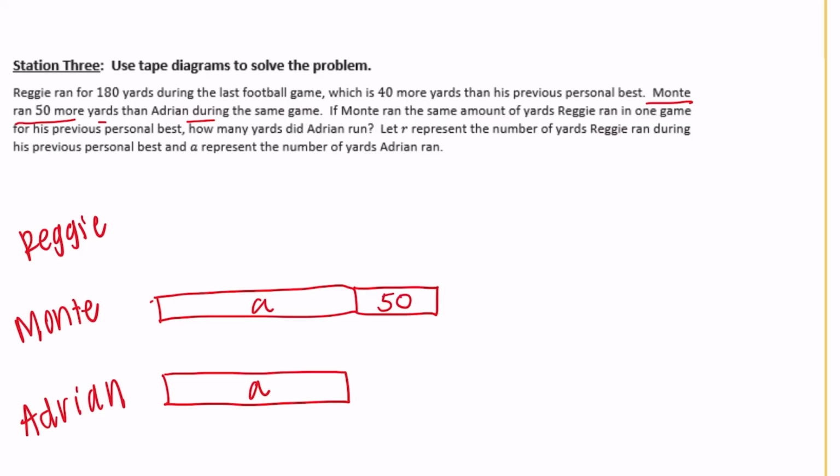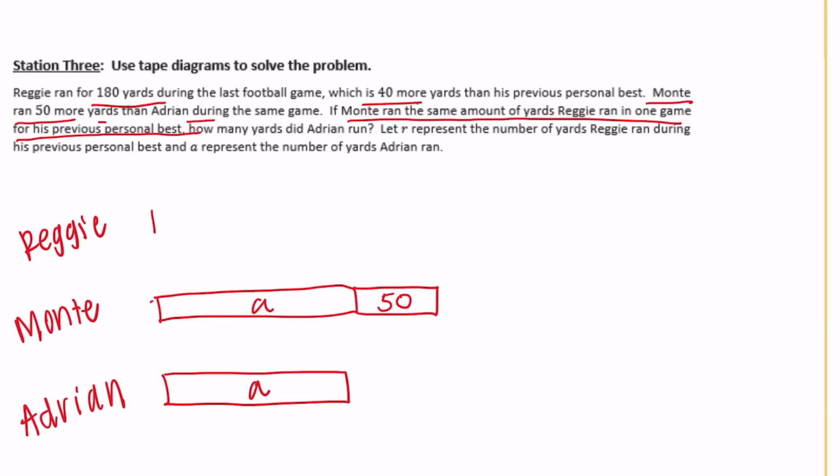And then Reggie ran for 180 yards during his last football game, which is 40 more than his previous personal best. So we know that he ran 180 yards. And we also know that Monte ran the same amount of yards Reggie ran in one game for his previous personal best.